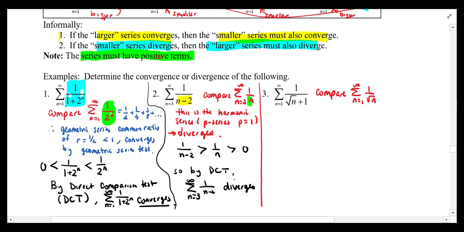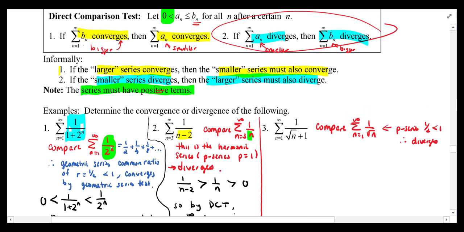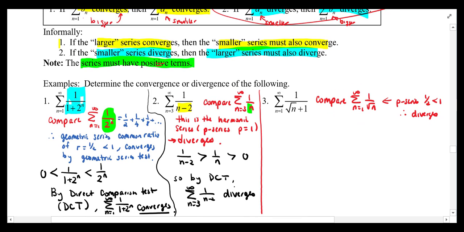And this must be a p series with p equal to a half, so that's less than 1. So therefore, this one diverges by the p series test, right? So if this diverges, then hopefully that's the smaller one, and then that shows that this one also diverges.